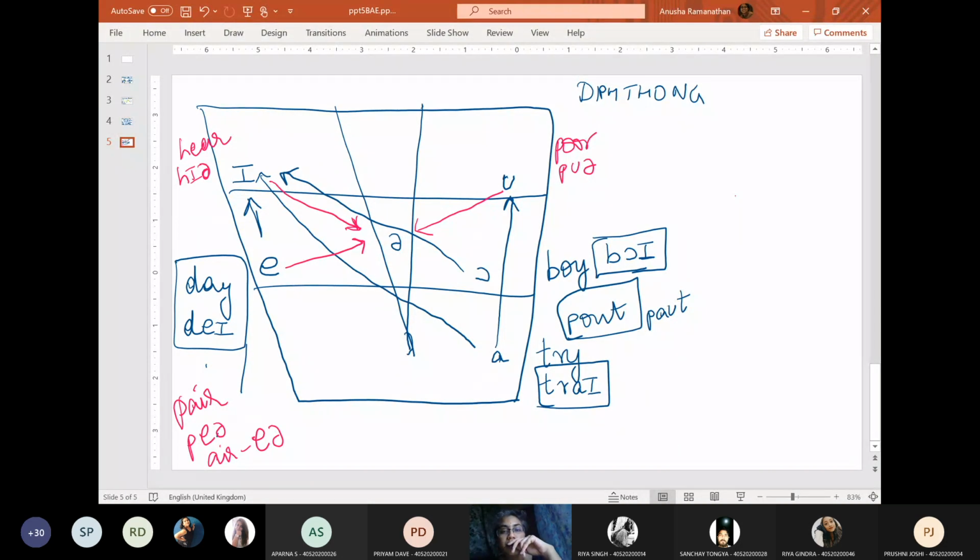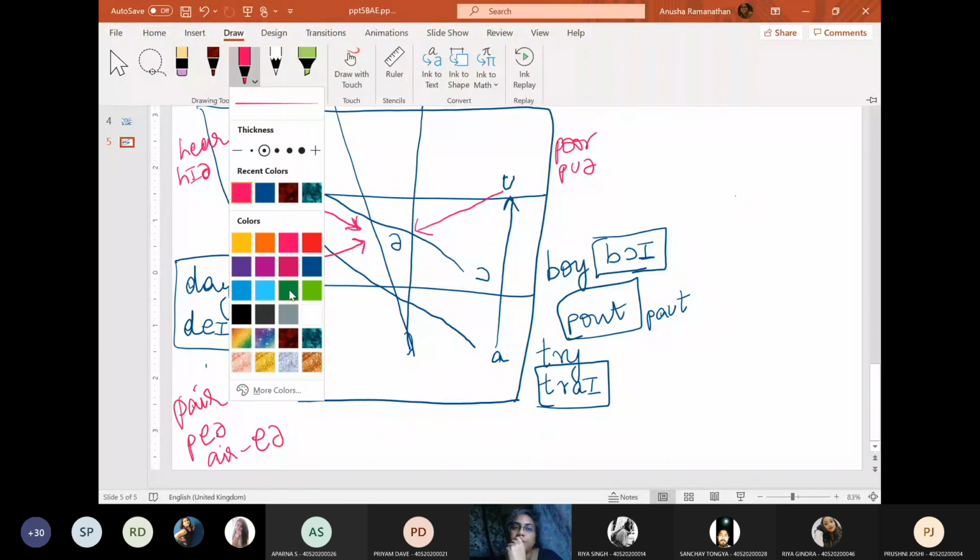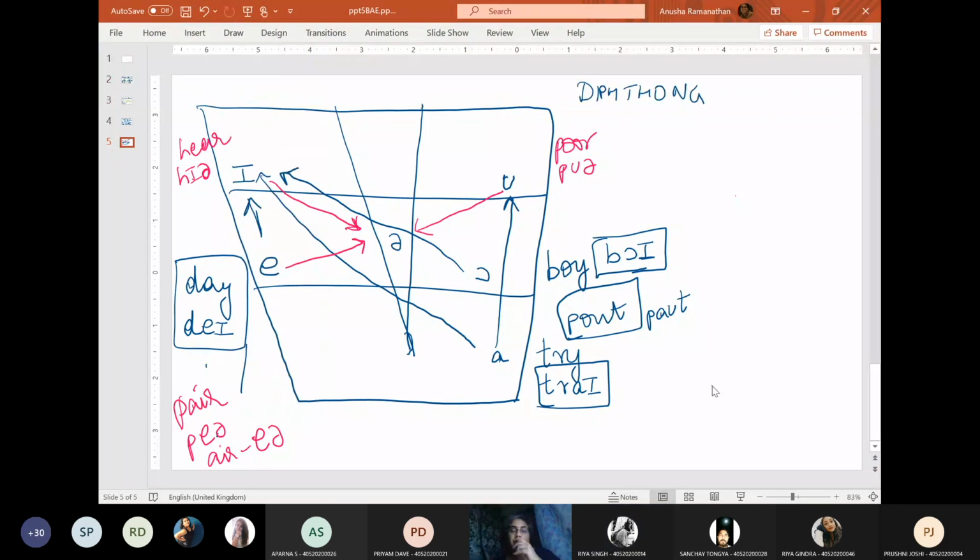How many did we have in terms of diphthongs? Let me just also highlight that. Let me put them in terms of back oriented and front oriented. So what we are looking at is how they are oriented. Oriented means what is their beginning vowel, all right? So when we say back oriented, it means that the first sound is beginning from the back vowel, right?